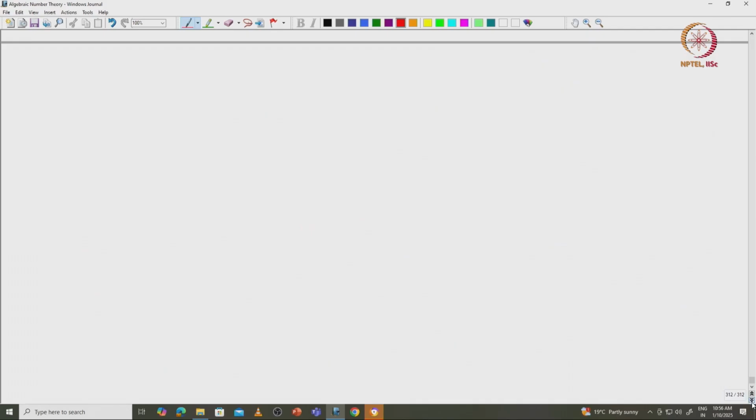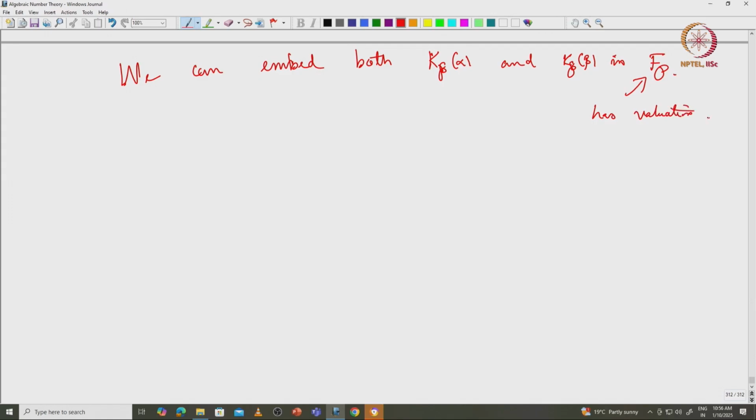Now we can embed both K_P of alpha and K_P of beta in F_P, and this has a valuation. So the problem that we had now disappears and we can apply the previous lemma.